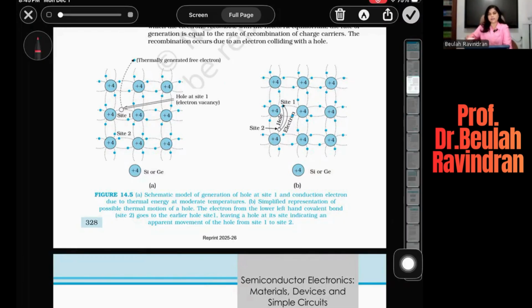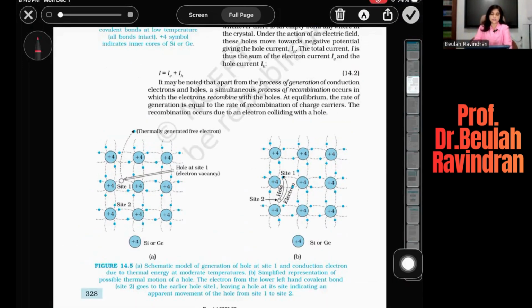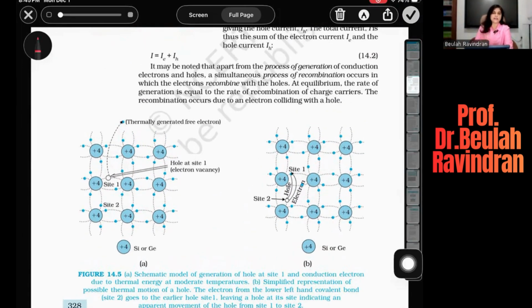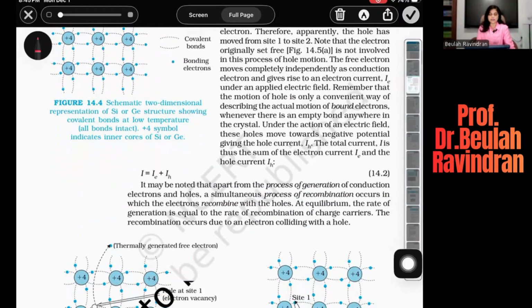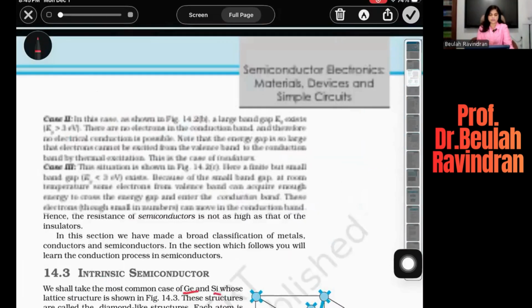So we can find the extrinsic semiconductor, which is highly commercial and useful. So these electrons are thermally generated free electrons, we can say. So it has both currents, IE plus IH. It is also very important. Go through it.